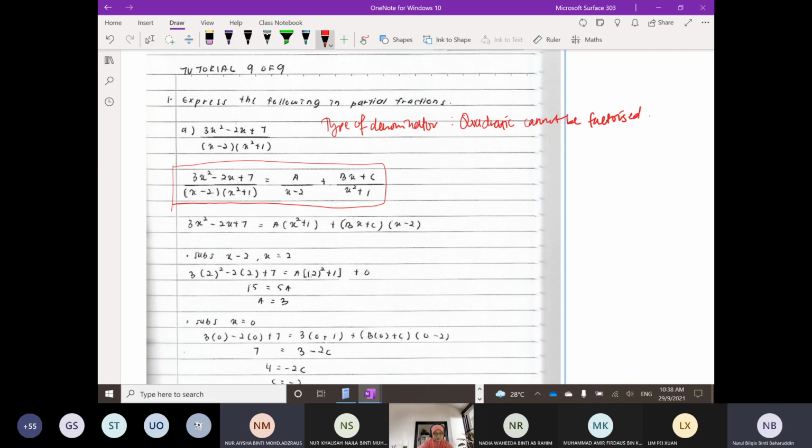Dan saya lupa nak tambah yang bawah tu patutnya x minus 2 darab dengan x squared plus 1 juga. Like this. Okay, and then plus bx plus c darab x minus 2 over x squared plus 1 darab x minus 2.